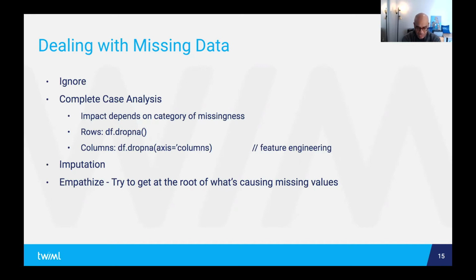And in this context, what that really says is to try to get at the root of what is causing the missing values in the data, so that either you can fix that, or maybe gain some additional insight into what those missing values mean, and what the correlations might be with some of the data that you have, and using that to guide your approach to dealing with it, or your imputation strategy.